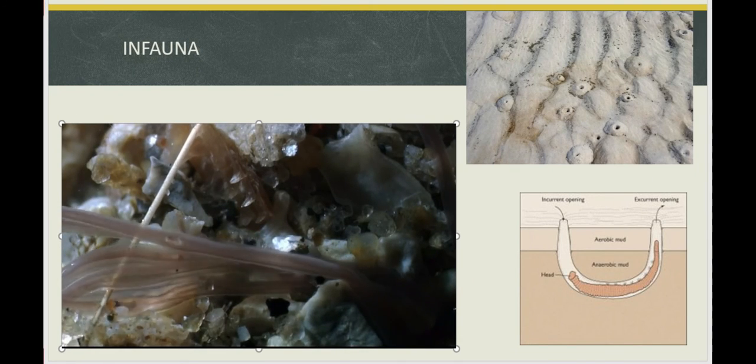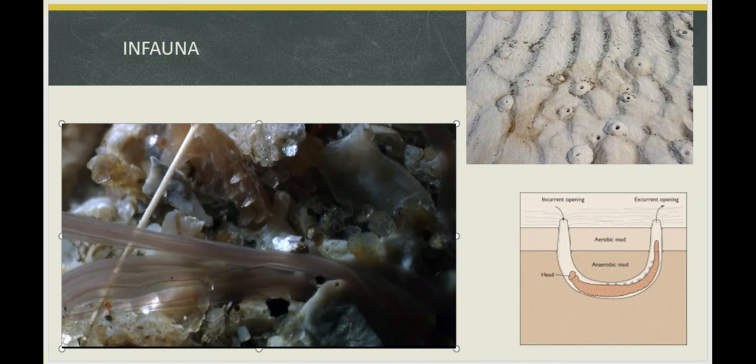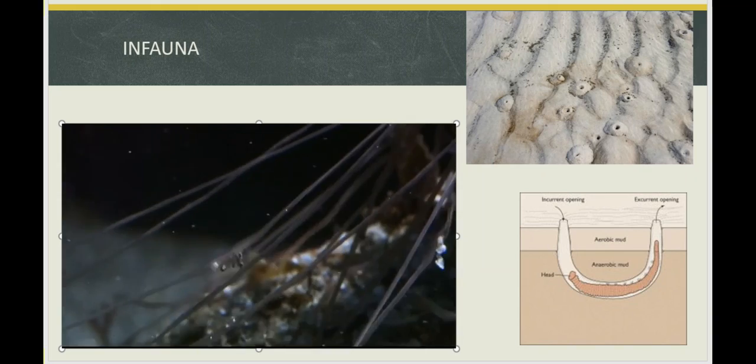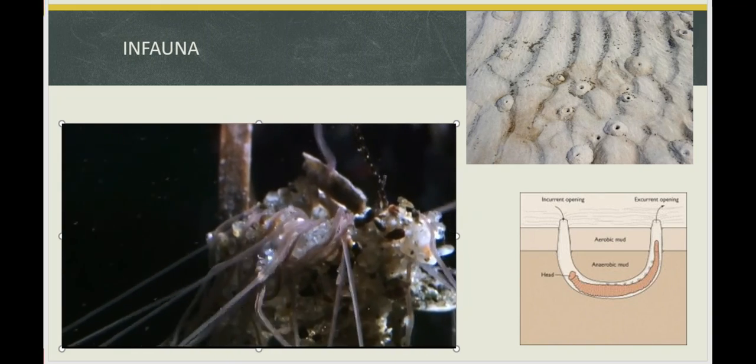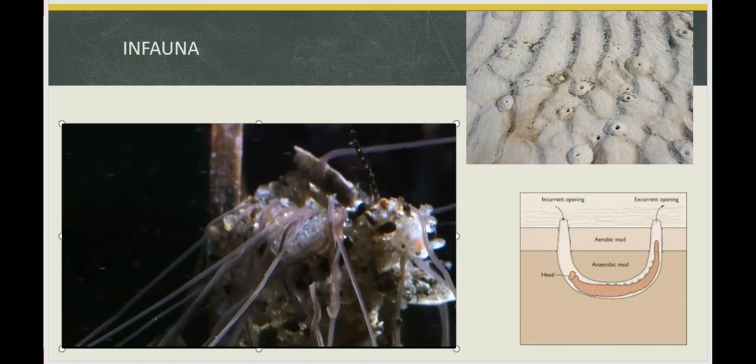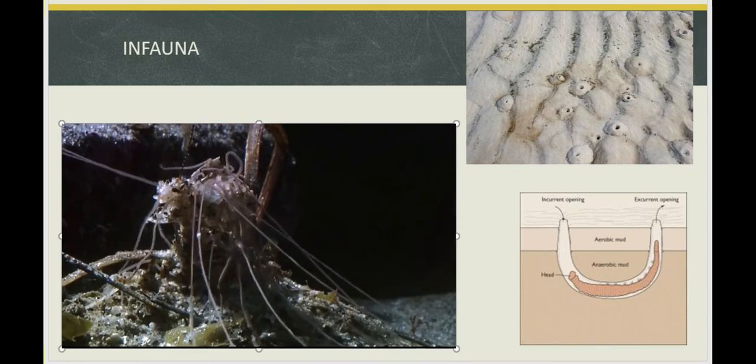These tentacles are grooved. They pick up particles in their tentacles and move the particles to the mouth. There at the mouth, they'll sort those particles according to size. Some will be used to build up their tube. Most of them are used as food for the worm.